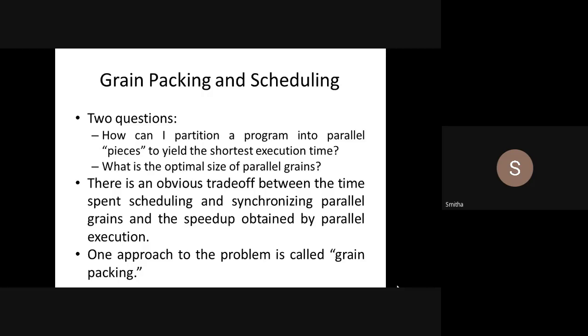Our objective is a higher degree of parallelism, but to overcome that latency drawback, we will pack the grains together so that we decrease the communication latency. That is the solution. In order to decrease the communication latency, we can go for grain packing. We will see how it happens.